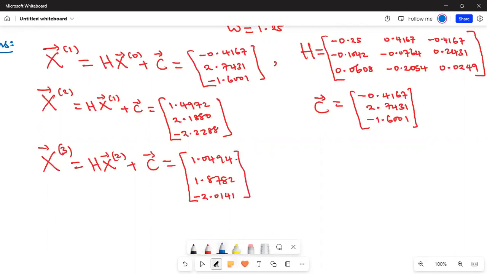So this is the approximate value of x1, this is x2, this is x3. The same that we found.